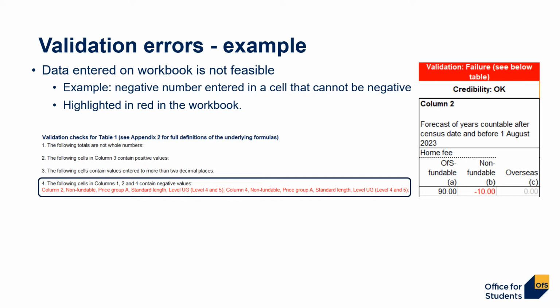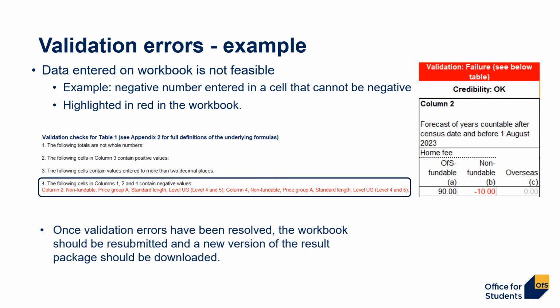As you can see here, this will be highlighted in red on the workbook itself, above the appropriate column, below or to the side of the table in question, and as shown previously, the presence of validation errors will also be shown on the information tab. Once errors have been resolved, the amended workbook should be resubmitted to the portal and the new version of the results package should be downloaded, so that we see this reflected in the information sheet with the message "No validation errors."